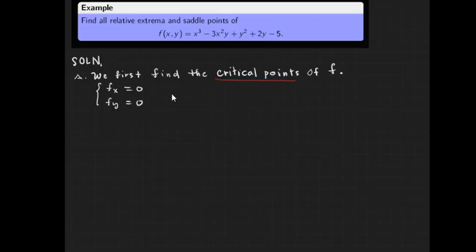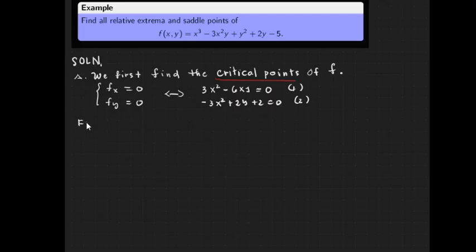Now for this function, our fx is 3x squared minus 6xy equals 0. Let's call this equation 1. Fy is negative 3x squared plus 2y plus 2 equals 0. Let's call this equation 2.